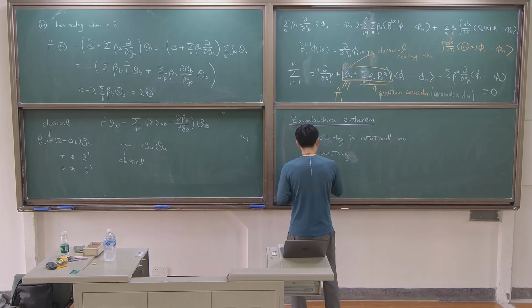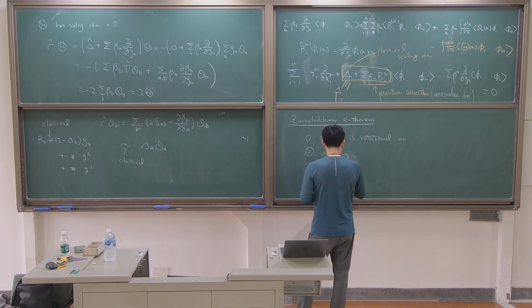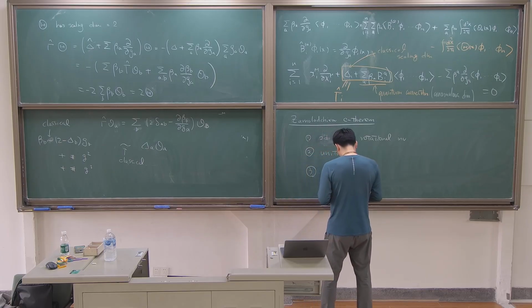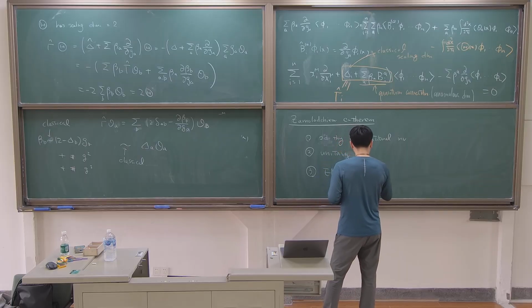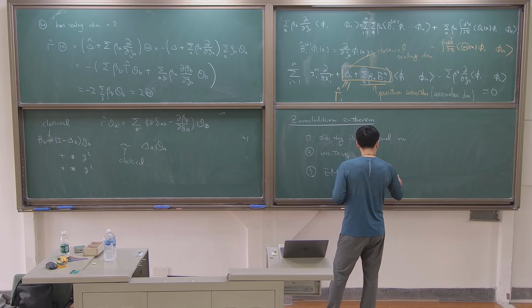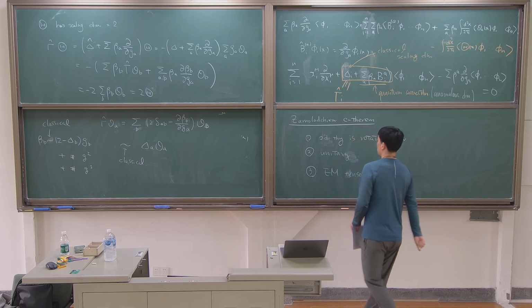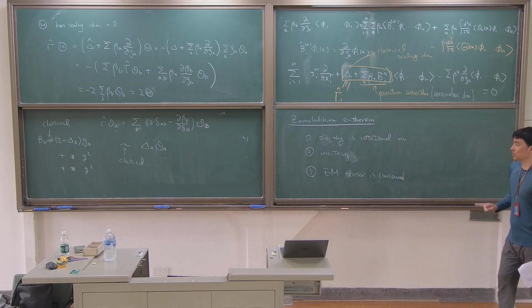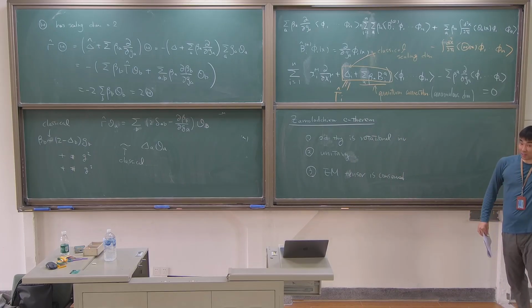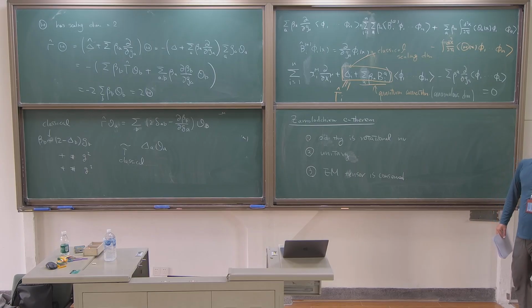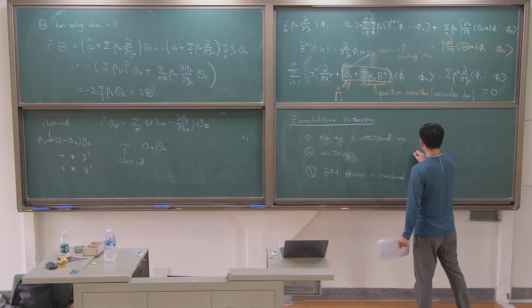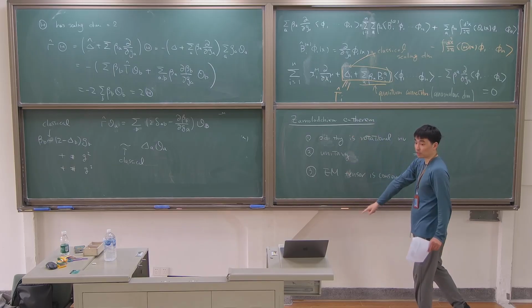And number three, energy momentum is conserved. So that's three assumptions. It's a very general assumption. Almost all two-dimensional physical quantum field theories satisfy these conditions. Then the conclusion. These are the three assumptions.